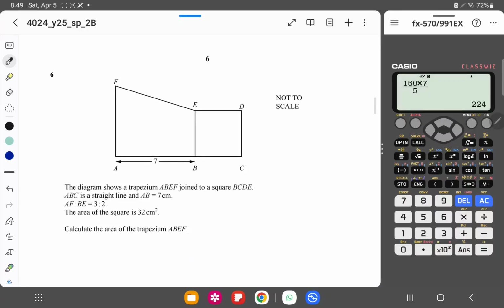In question number 6, you can see the diagram shows a trapezium. So this is a trapezium ABEF joined with a square.